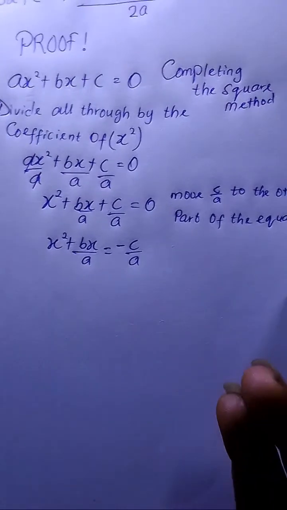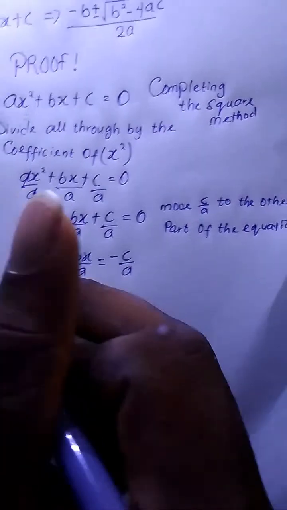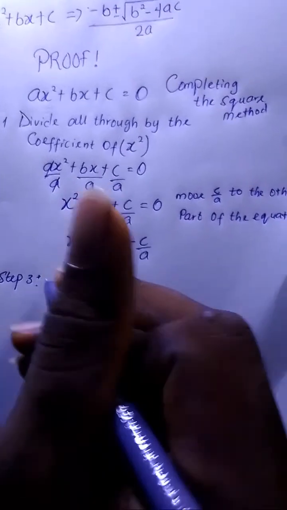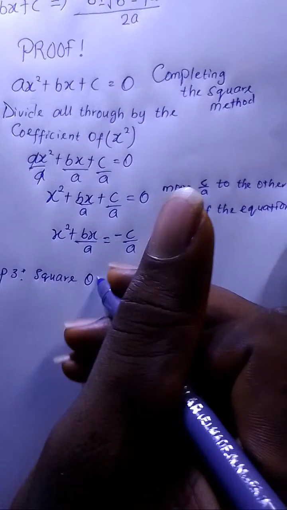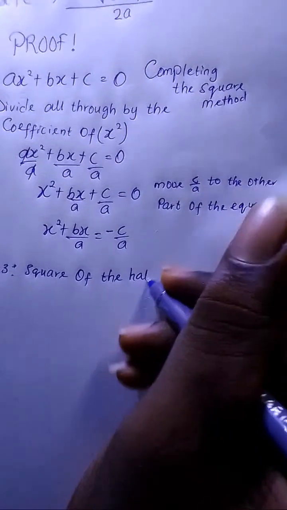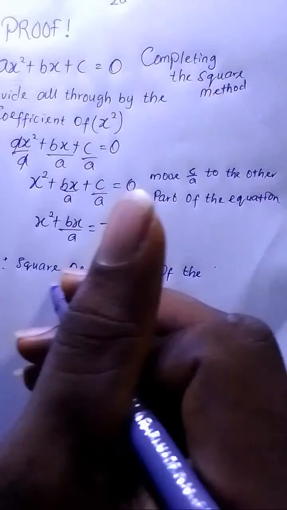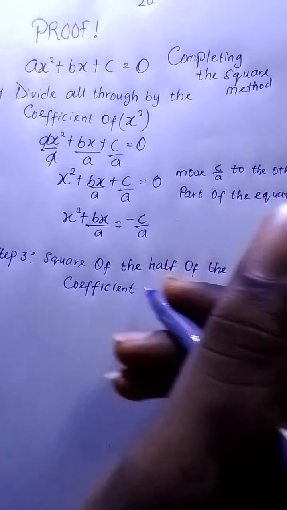The next step, step 3, is the square of the half of the coefficient of x.